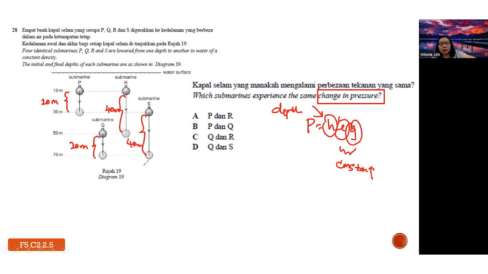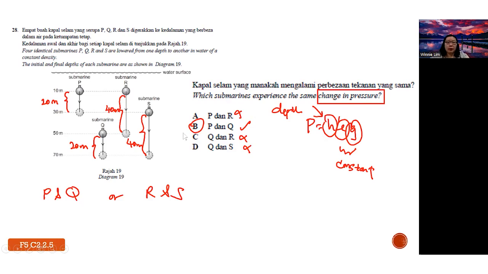So if they were to experience the same change, the difference in depth should be the same. So P and Q actually experience the same change, or R and S. But among the given options, P and R wrong, P and Q yes, Q and R wrong, Q and S wrong. They do not have R and S, so the answer is B.